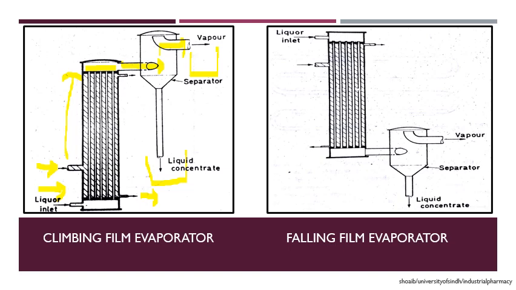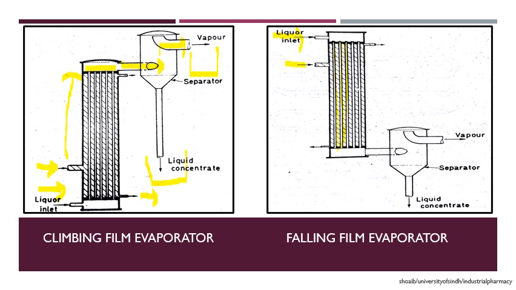So our material to be evaporated will come from this inlet and move through these tubes, which are covered with the steam jacketed tubes.